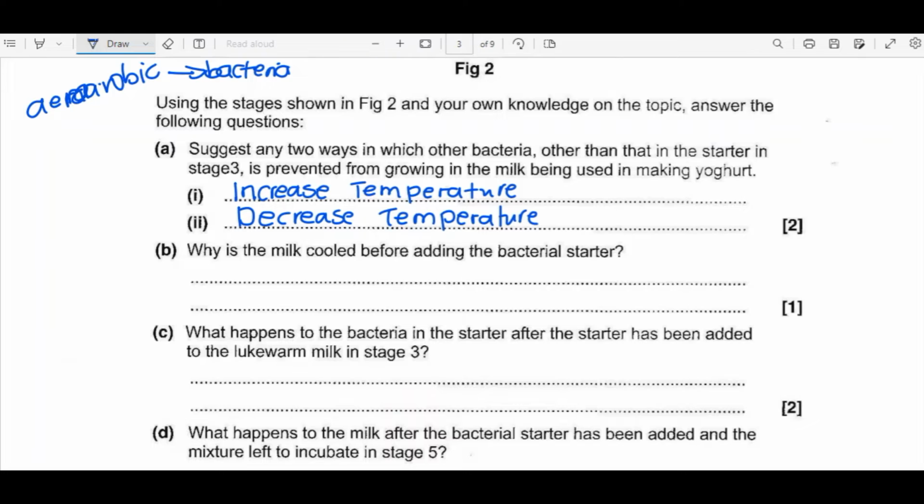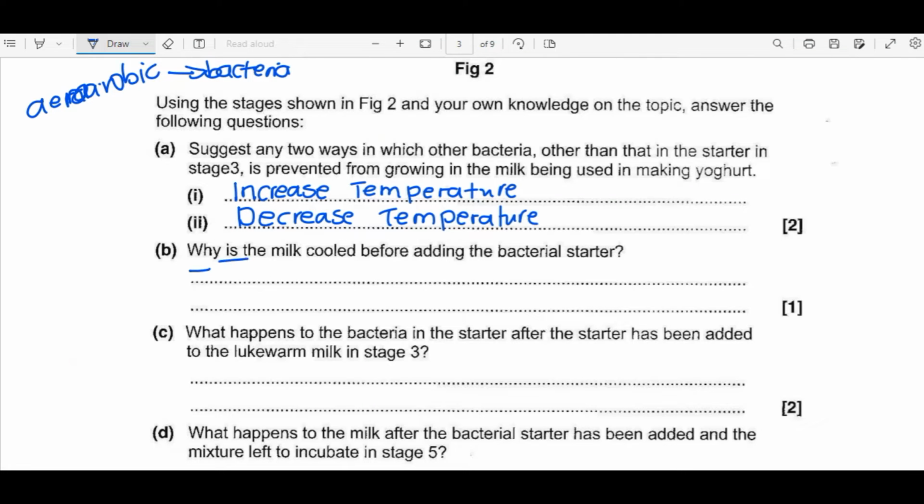The reason why we are cooling this milk before we add the bacterial starter is that we want to bring that high temperature down to a normal temperature where the bacteria can do their work.